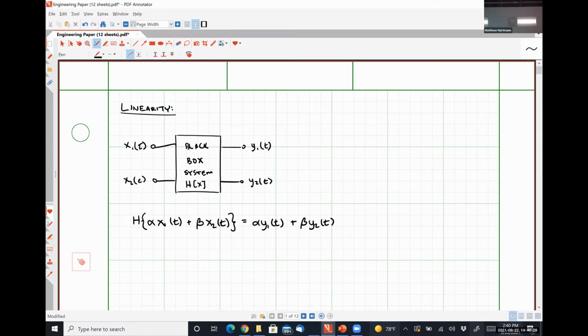I am overwhelmingly aware that this looks like a bunch of mathematical and potentially Greek garbage I'm throwing at you that you have no clue what I'm talking about. Perfectly okay with that. What's actually going on here is two very distinct properties are being satisfied at the same time. The first of those properties is what's called the additivity property.